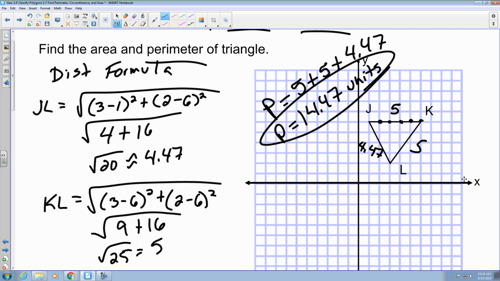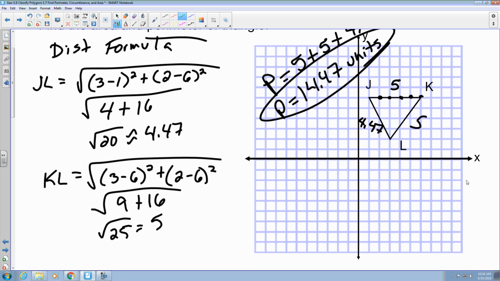All right, to find the area, remember area is 1/2 base times the height. And I'm going to use this as my base, because I can easily find the height, which is right here. The base is 5. The height is going to be 1, 2, 3, 4.